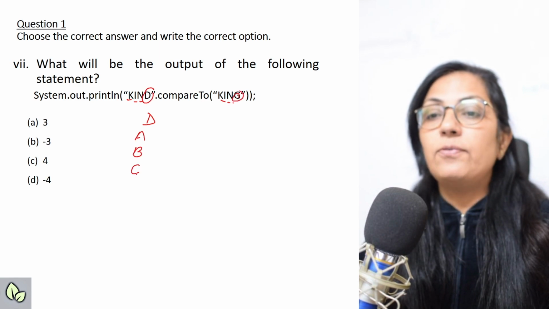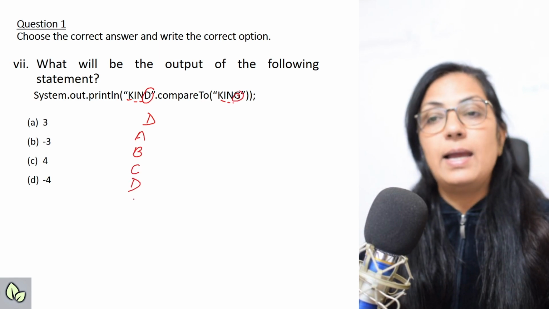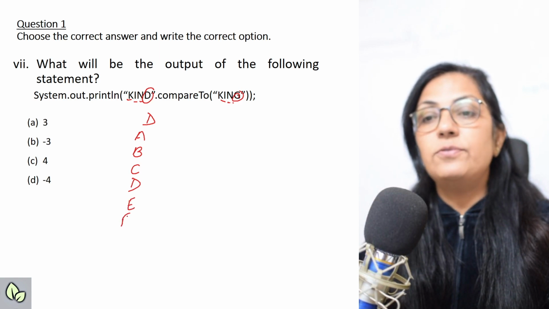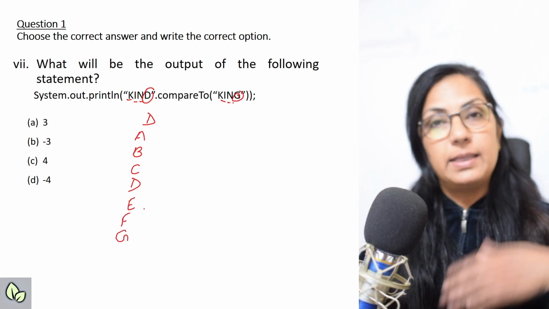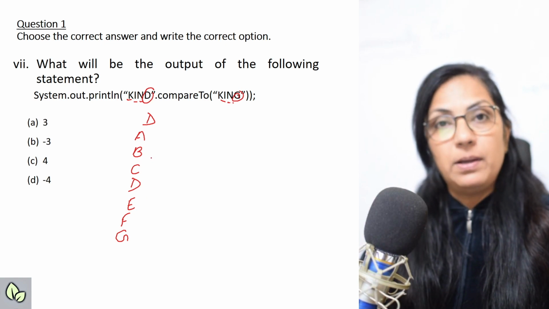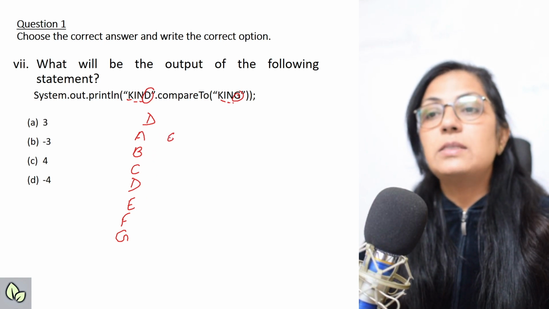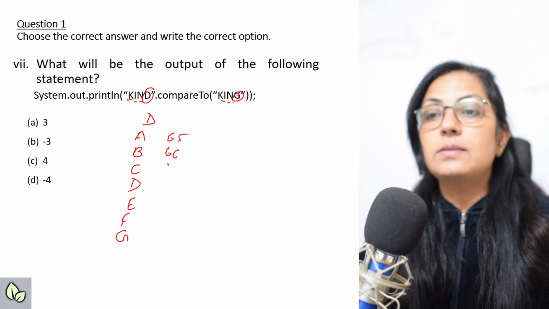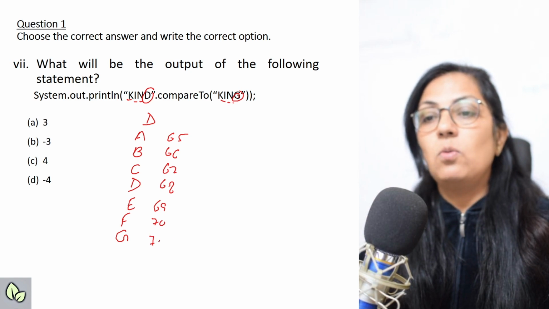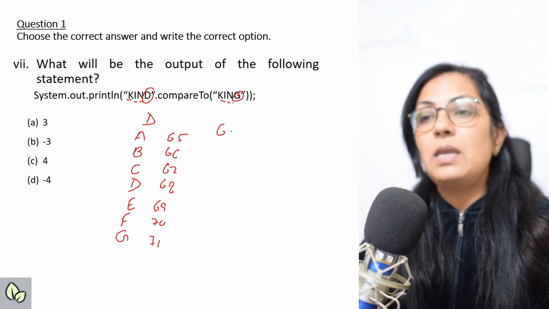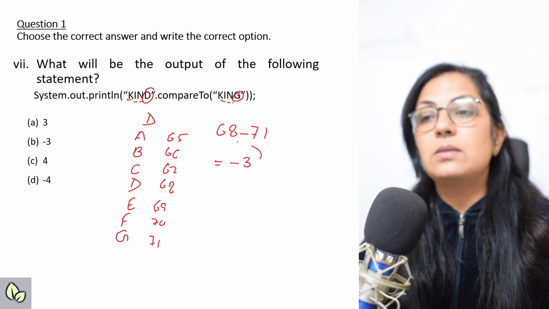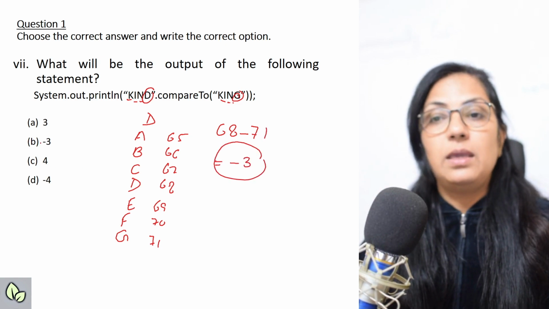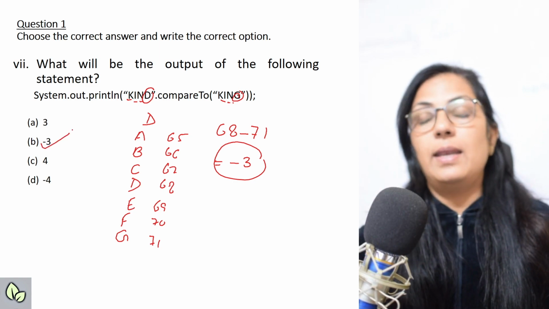So first we have to find the ASCII value of D and G. A, B, C, D, E, F, G. Children, always make the table like this on the right side of the paper for the rough work, right? 65 all of you know. 66, 67, 68, 69, 70 and 71. So it is 68 minus 71. So what will be the answer? Minus 3. Please check. It is there? Yes. So minus 3 is the correct answer, right children?